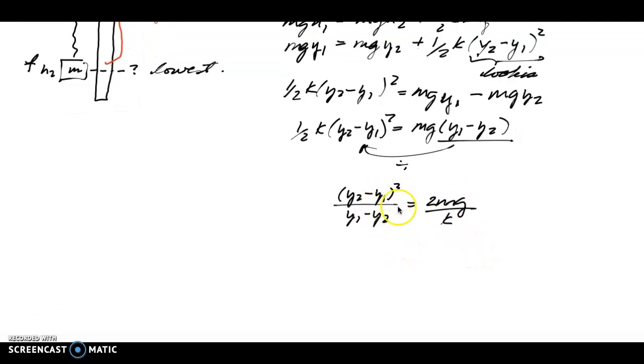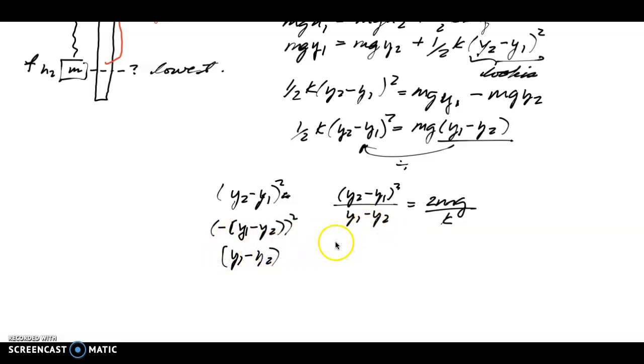And then this can actually cancel, because (y2 minus y1) squared is really equal to, well, I'll pull out a negative, minus (y1 minus y2) squared. Well, it's squared, so it's going to be positive. So really we can just say y1 minus y2 because it's going to be positive anyway.